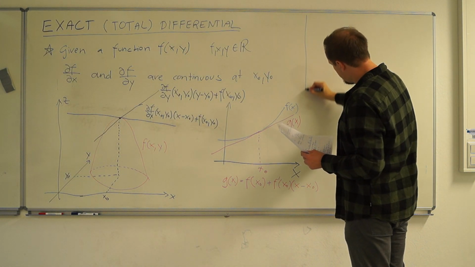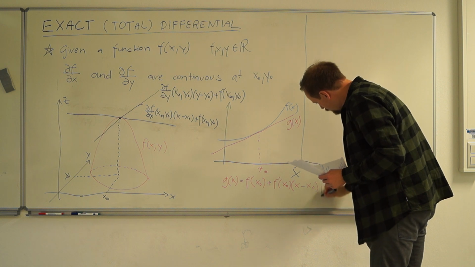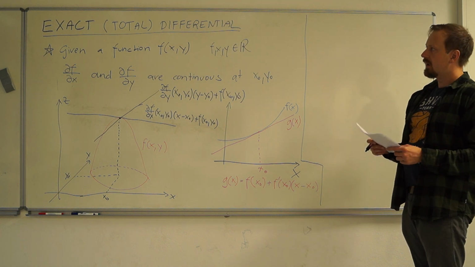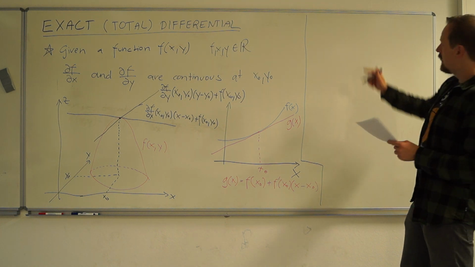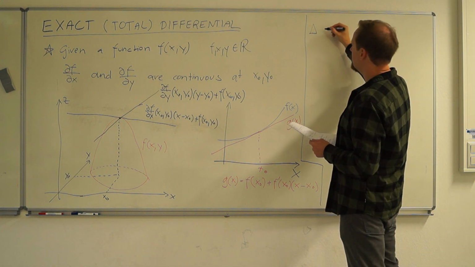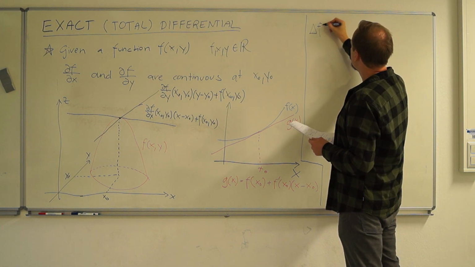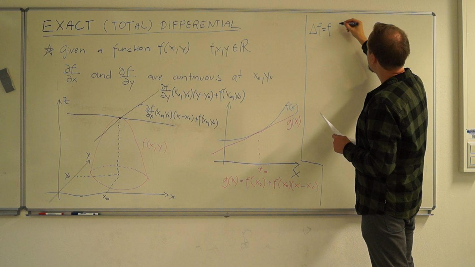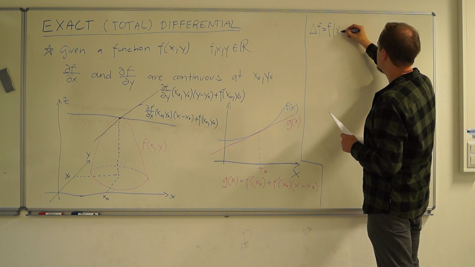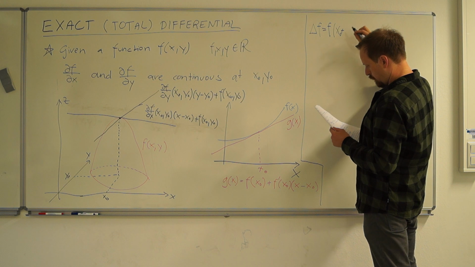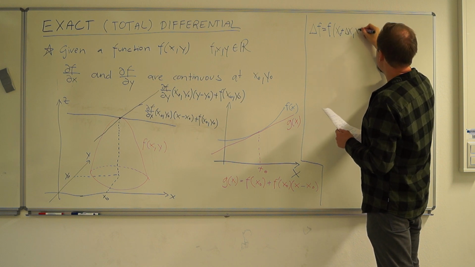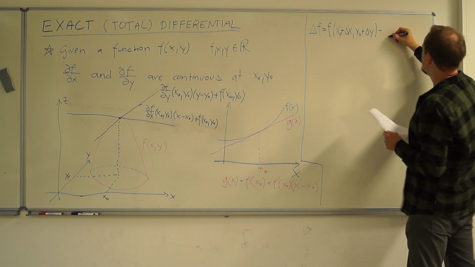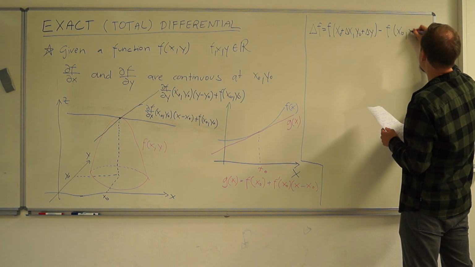Now in the next step we can move closer to what we are actually interested in, namely the exact differential. As already said, we are interested in changes of f. We define delta f as follows. It is f evaluated at x naught plus delta x and y naught plus delta y minus f evaluated at x naught and y naught.